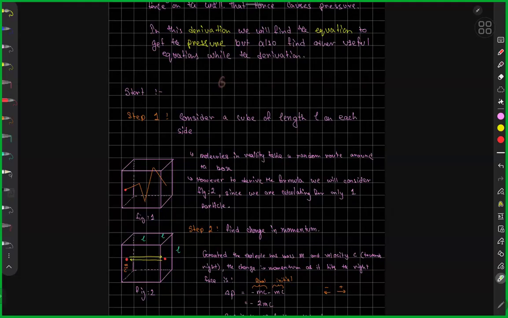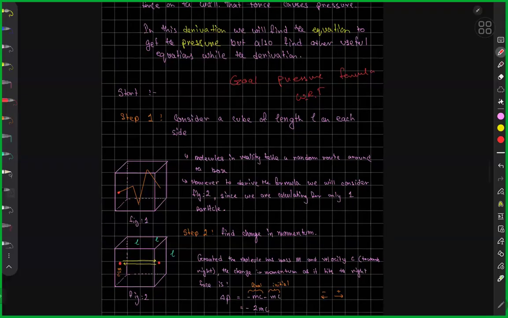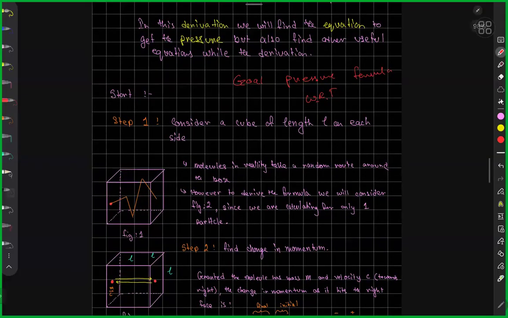Goal: a pressure formula with respect to, WRT, which you will often see in some places, not always. WRT basically means with respect to. I'm just telling you so that when you read documents, it's easier to understand. So, with respect to what?